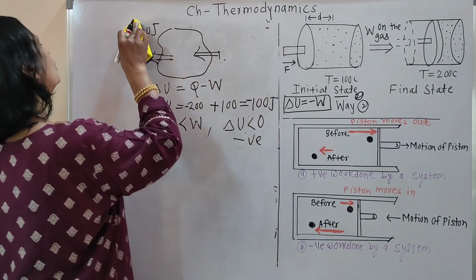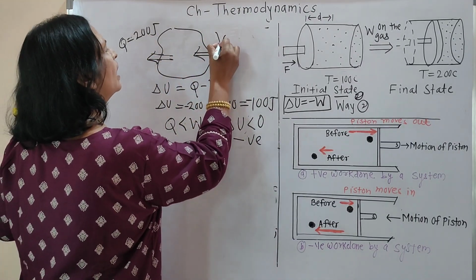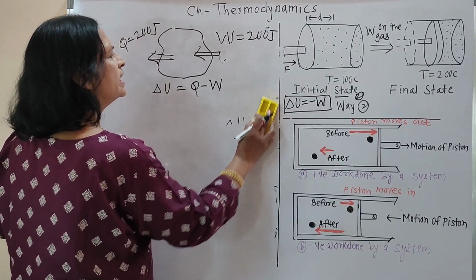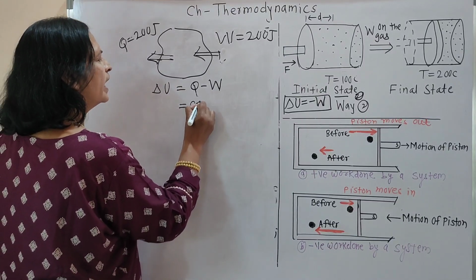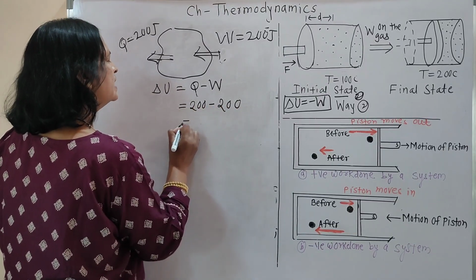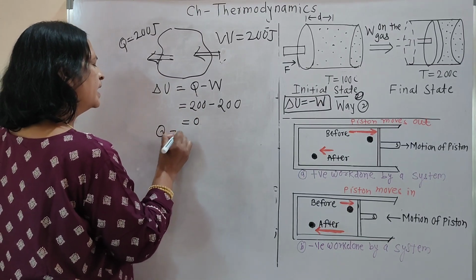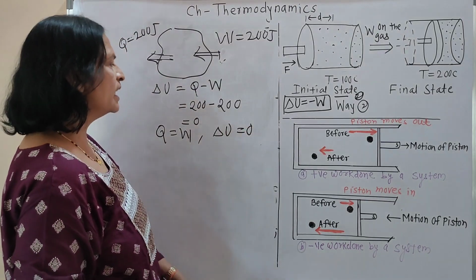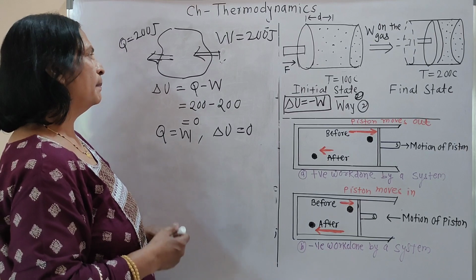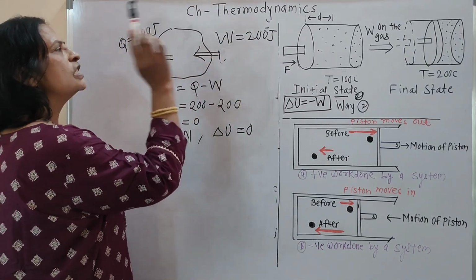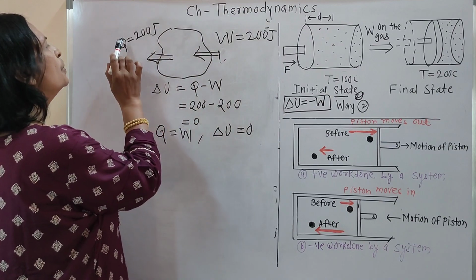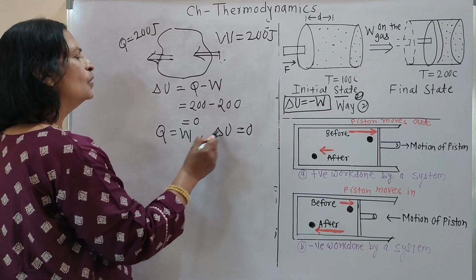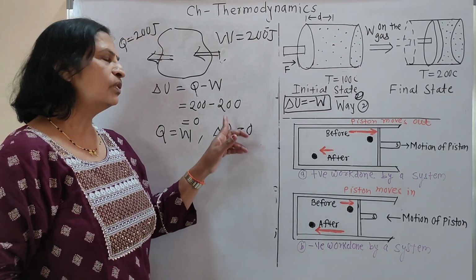Third case: when Q equals 200 and W equals 200 joule, Q equals W, and 200 minus 200 equals 0, so the change in internal energy is 0. I repeat, when Q is greater than W, change in internal energy is positive. When Q is less than W, it is negative, and when Q equals W, it is 0.